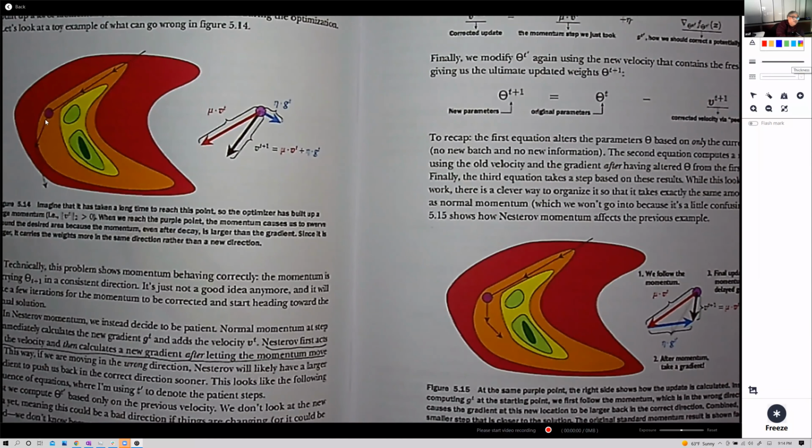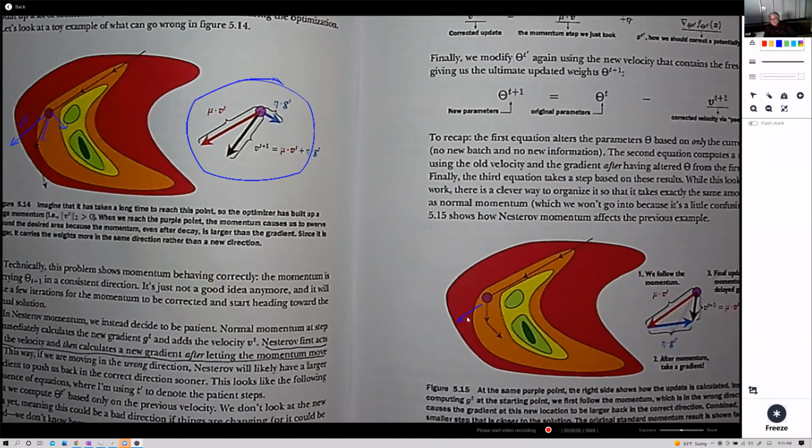So here, at this point, momentum was carrying it in this direction, right? Momentum. Gradient is taking you this way, and you eventually end up going this way, as this picture shows. But in this one, let's say that the momentum is still taking you this way, right?